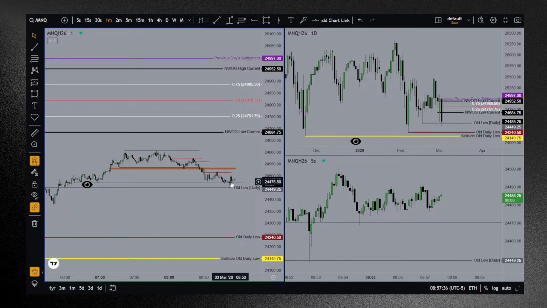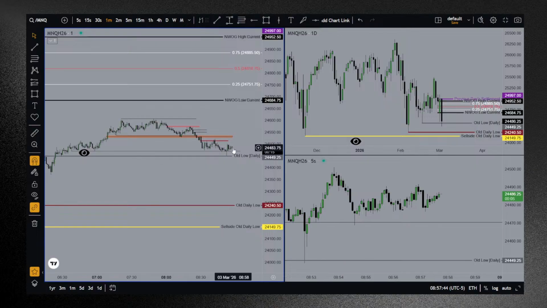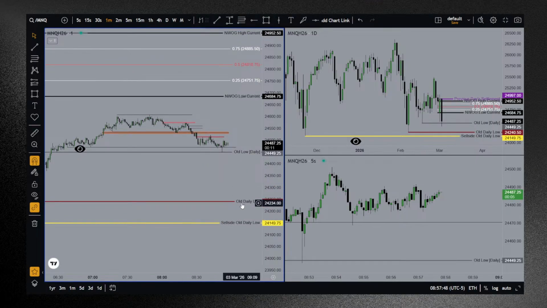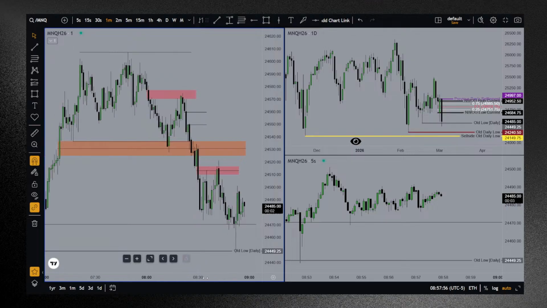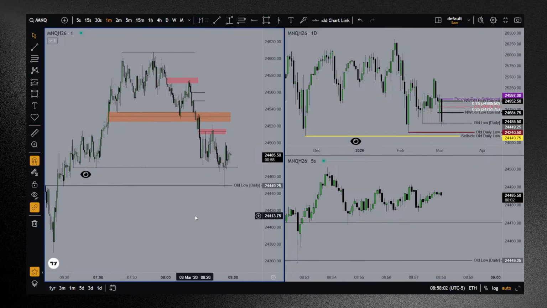I wouldn't think that it's likely at all, and I would expect a heavy continuation lower towards those daily old lows, and that's something I'm potentially expecting ahead of 9:30. So that's an idea.